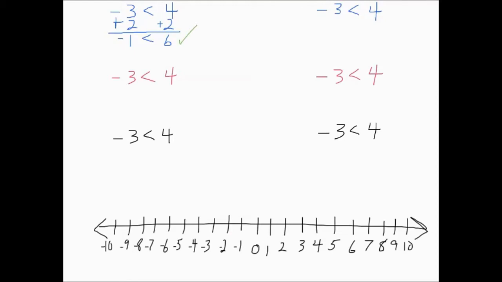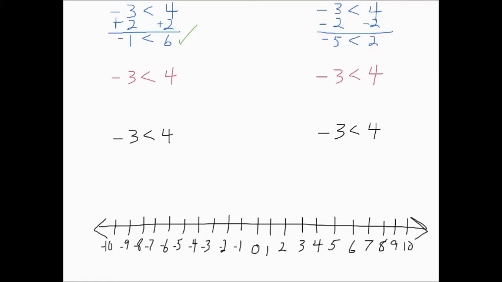Okay, what if I wanted to subtract 2? Again, I don't have to do this. I just want to do it, and I want to see what happens. Well, 4 minus 2 is 2, and negative 3 minus 2 is negative 5. Is this true? Is negative 5 less than 2?